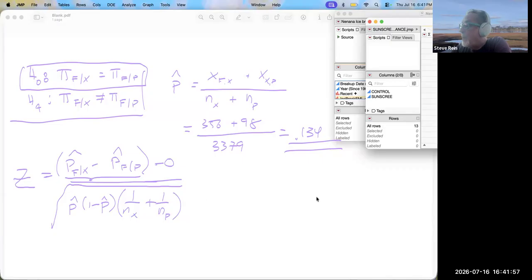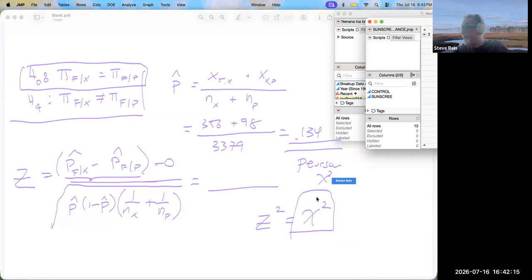And so that is a number. I could find that by hand, but I'm just going to note as a fact, this is the Z value. If we square it, we're going to call it chi-square, which is the same thing as the Pearson chi-square that we had just done inside of JMP.